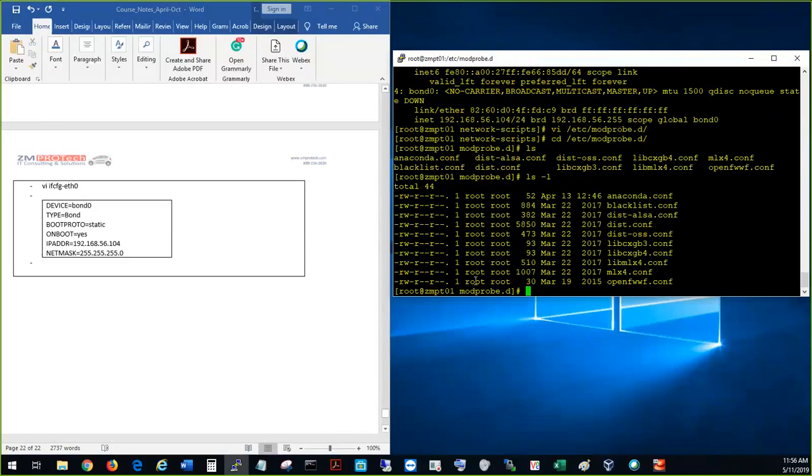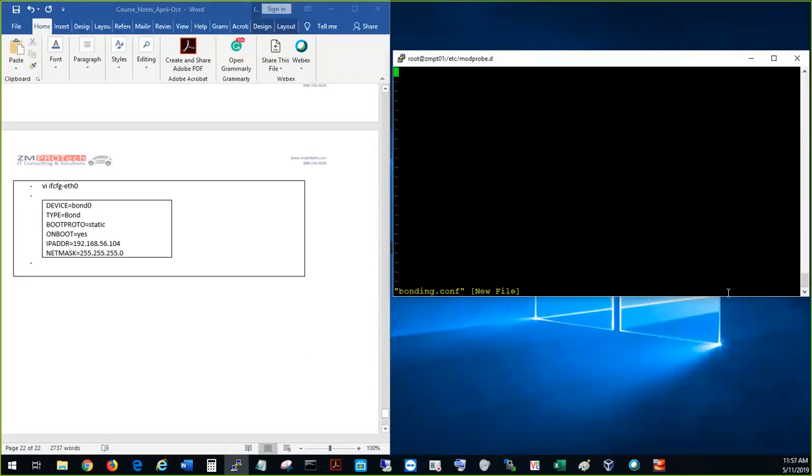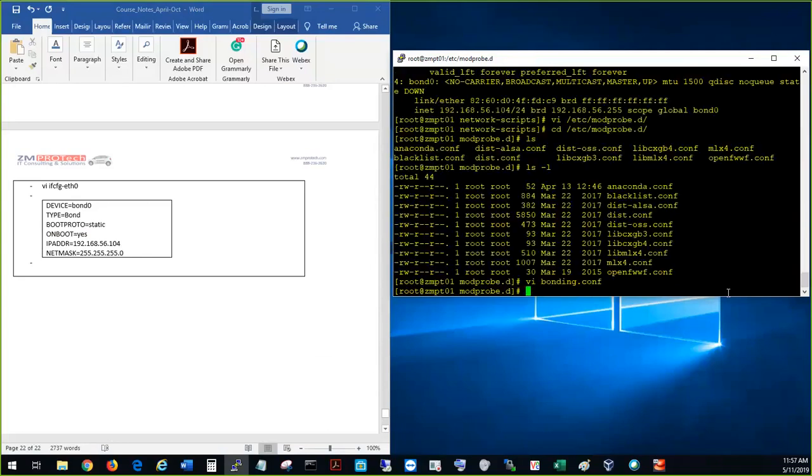The file bonding doesn't exist, so what I'm going to do is create one. vi bonding.conf. .conf is a configuration file, all these are configuration files. Okay, I'm going to put in a simple command in here: alias bond0 bonding. All right, that's all I need to put in here.